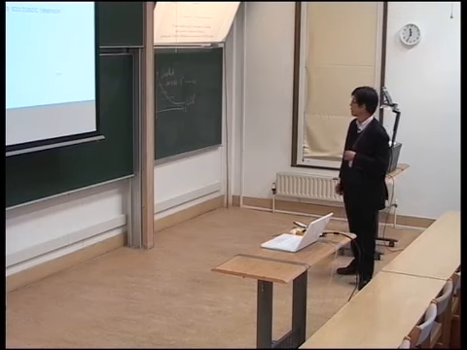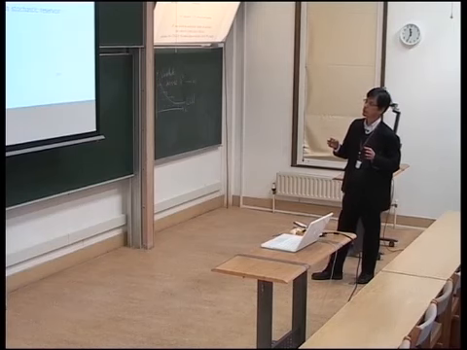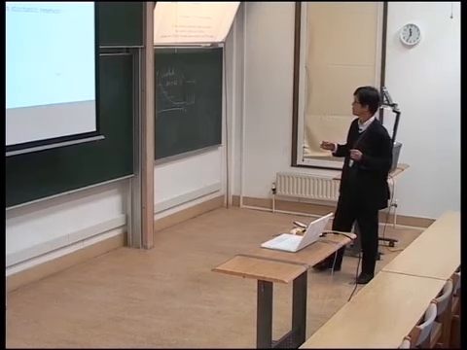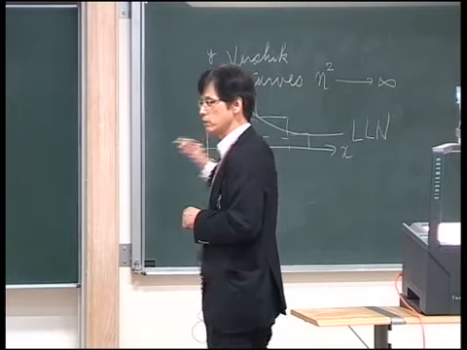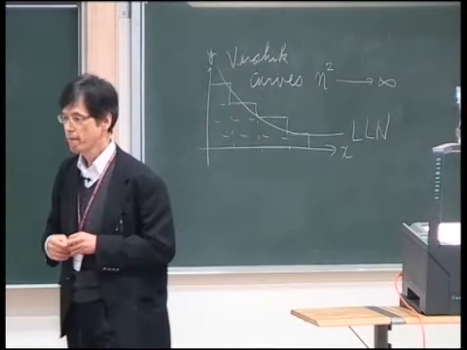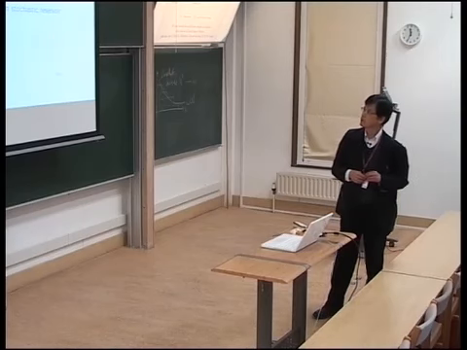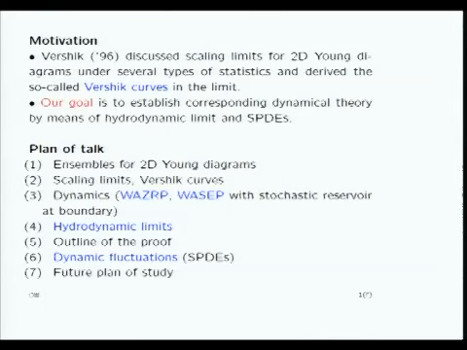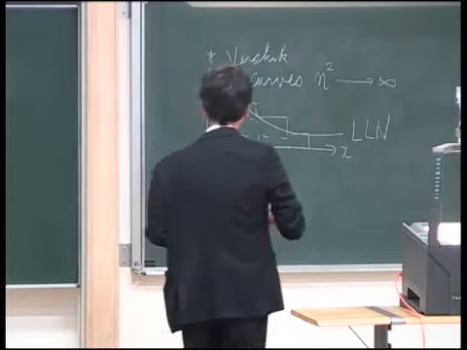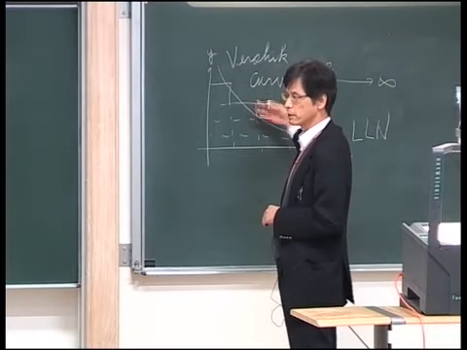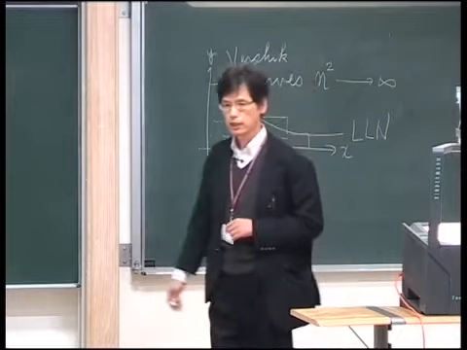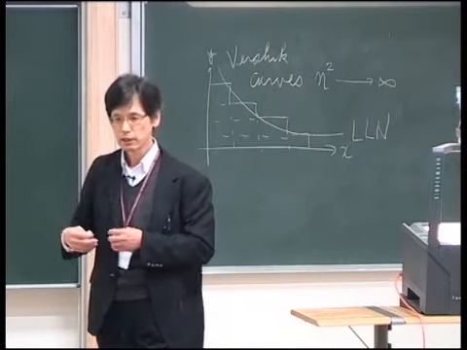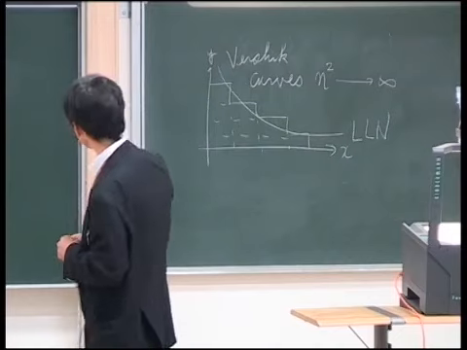From the point of view of statistical mechanics, this is a static theory, meaning the equilibrium theory. So the motivation of my talk is to establish the corresponding dynamical theory. I want to introduce some dynamics, a random evolution of the Young diagrams. Then what happens for this dynamics?